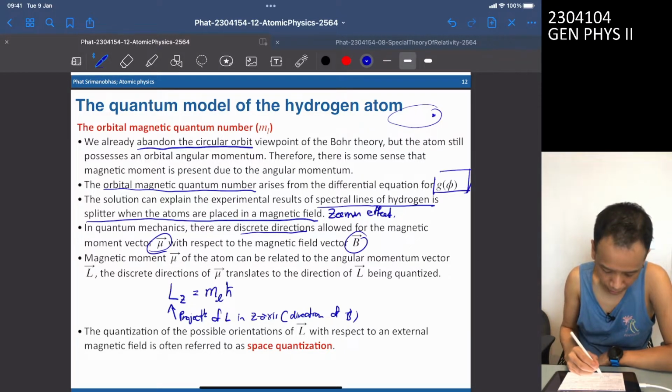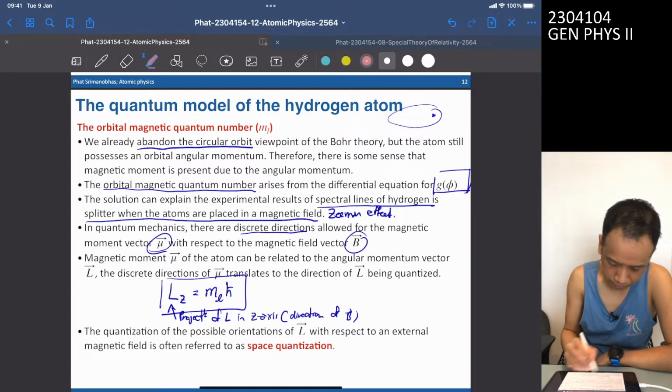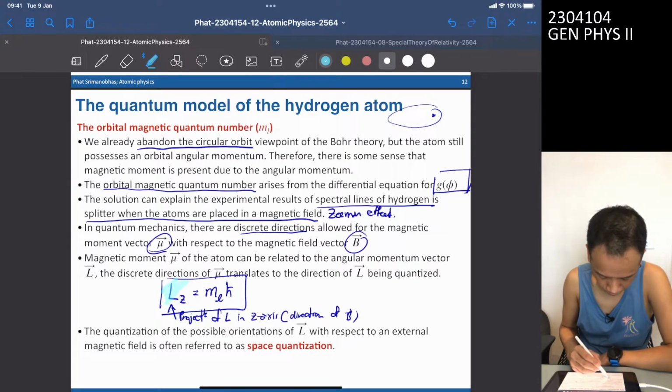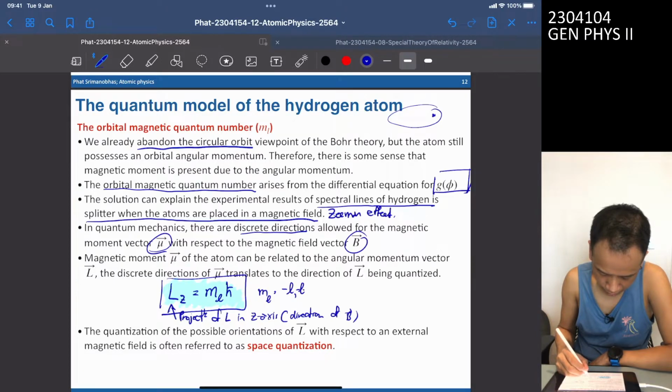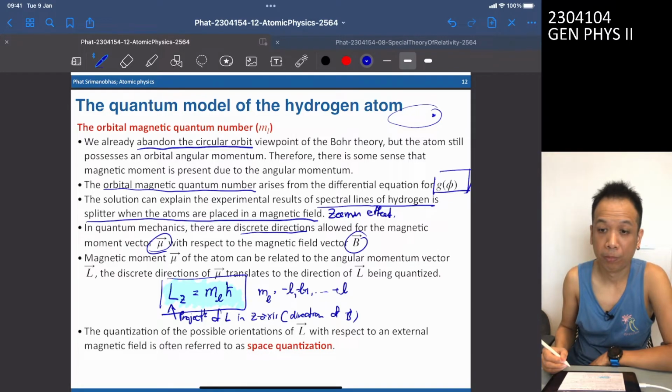This m_l is the orbital magnetic quantum number, and m_l equals minus L, minus L plus 1, and so on until plus L.